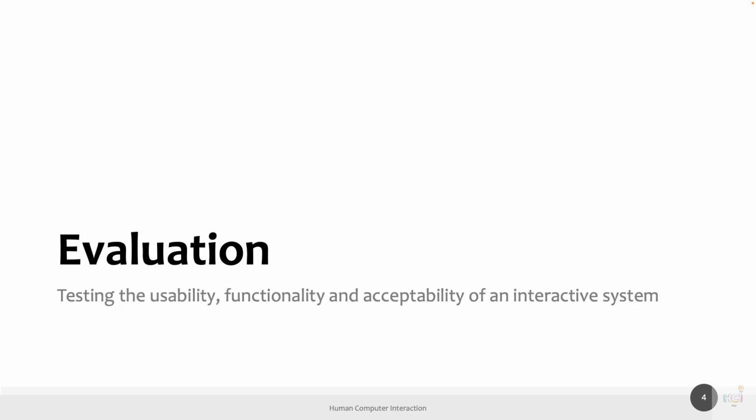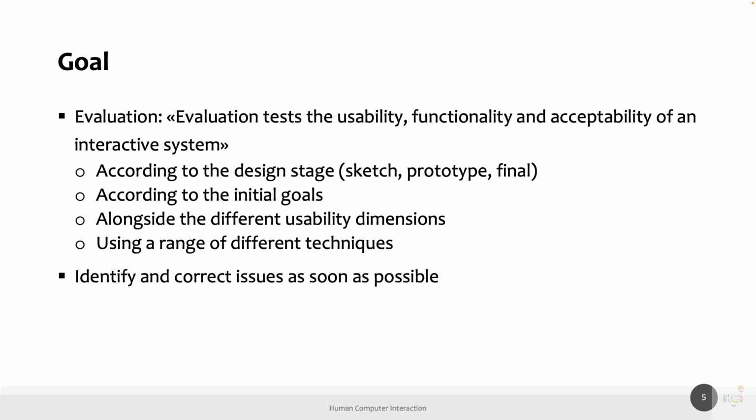So what does it mean evaluating something in human-computer interaction? It means testing mainly 3 things: usability, functionality, and acceptability of an interactive system. And we will focus specifically on usability. And again, this is something that happens multiple times in the design process.